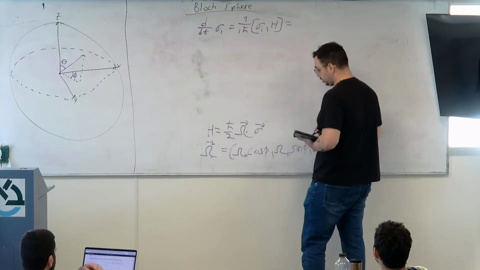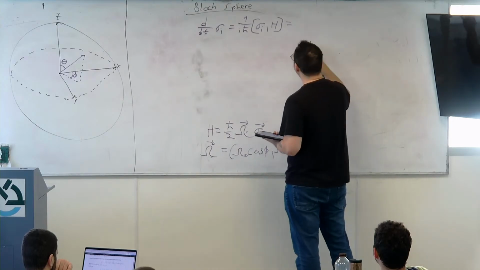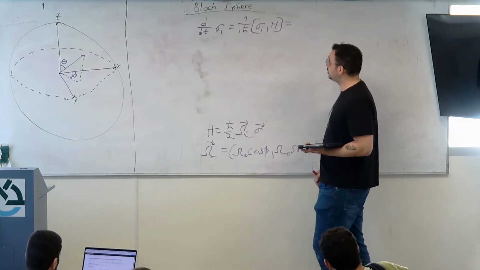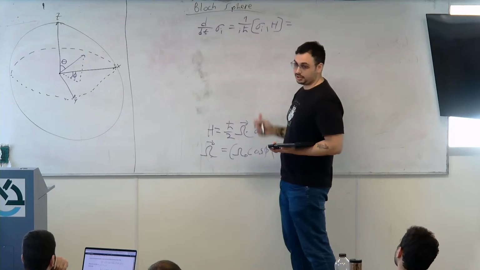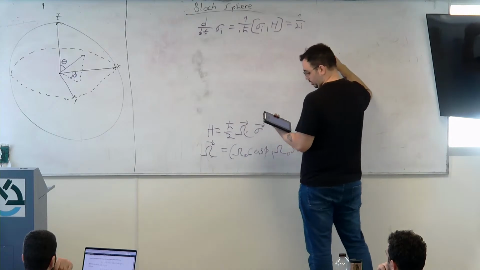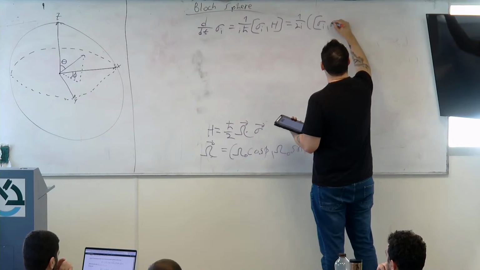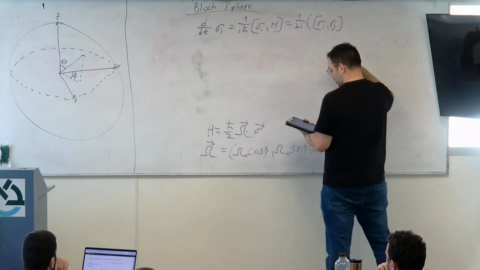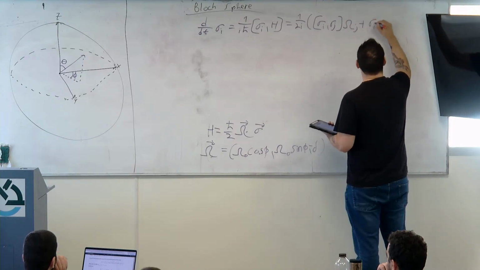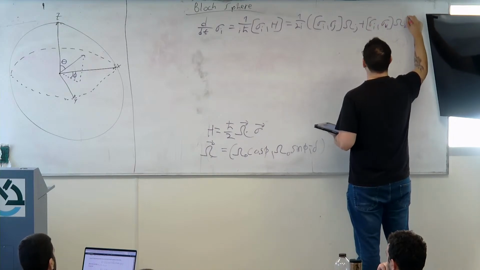And this will simply, opening this vector up and using the commutation relation of sigma with itself equal to 0, we can get 1 divided by 2i, the commutation relation of sigma i with sigma j omega j plus sigma k omega k.